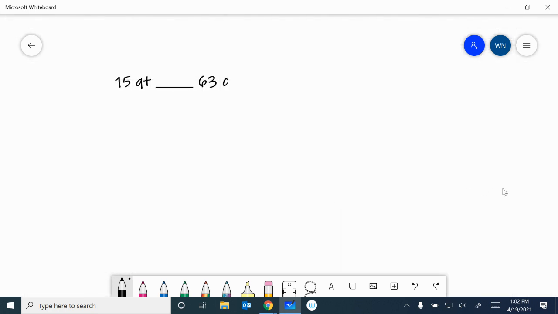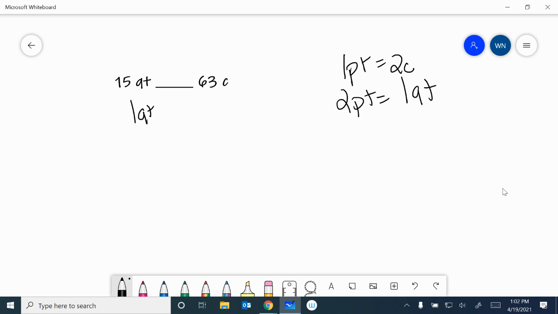All right, here's another one, 15 quarts to 63 cups, which is bigger. For this one, we need to figure out how many cups are in a quart. So we know that 1 pint equals 2 cups. And I know that 2 pints equals 1 quart. So that tells me that there are 4 cups in a quart.